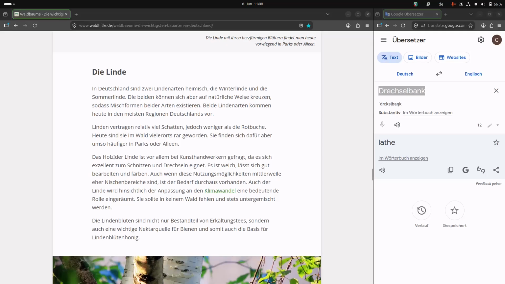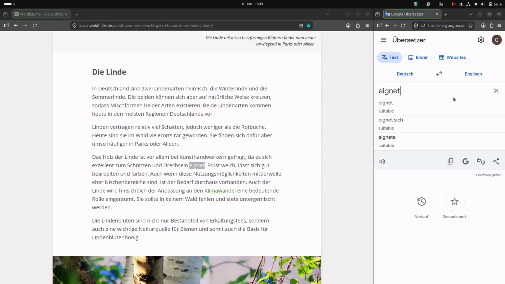So, das Holz der Linde, the wood of the Linde tree, is above all asked for among artisans, as, da, in this case rather translates to as, it sich, itself, excellently for the carving and wood turning, eignet. We also had that in some previous episode. It just means to be, what's it called? I actually forgot. To be kind of made for it, to be suitable.